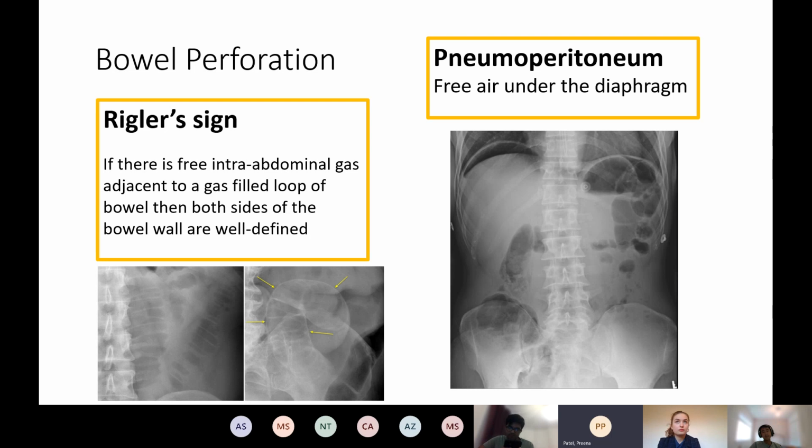Don't panic. That's not them perforating. That's just because they've had laparoscopic surgery. And when they have laparoscopic surgery, they pump air into your abdomen to get a better view. So it takes a few days before all of that air gets reabsorbed. And I'm calling it air, but actually it's CO2. And it's specifically CO2 because oxygen's flammable, so you can't use that.